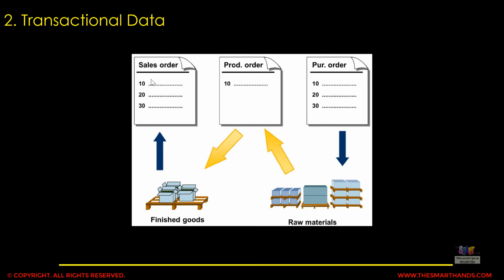So we enter all the customer details and the material details in a sales order. Same goes for whether it's a production order, a purchase order, or a sales order. These are the transactional data. So there are many other transactional data like billing document, delivery document, quotations, contracts, so many that we'll talk about later on in more detail. So these are the transactional data.